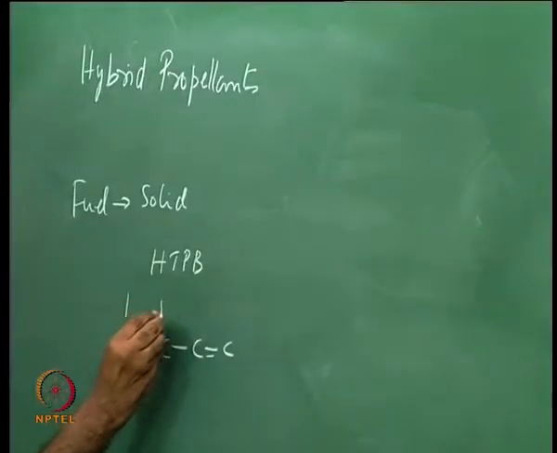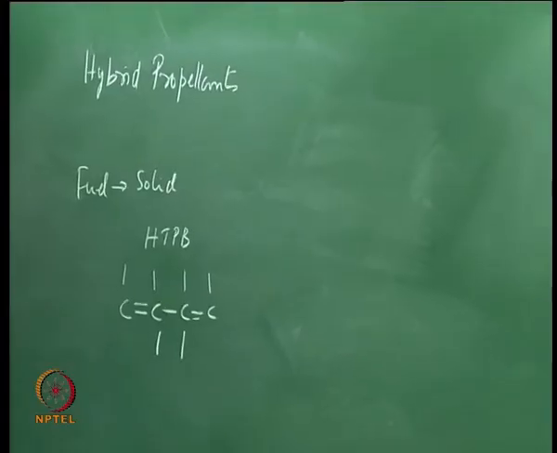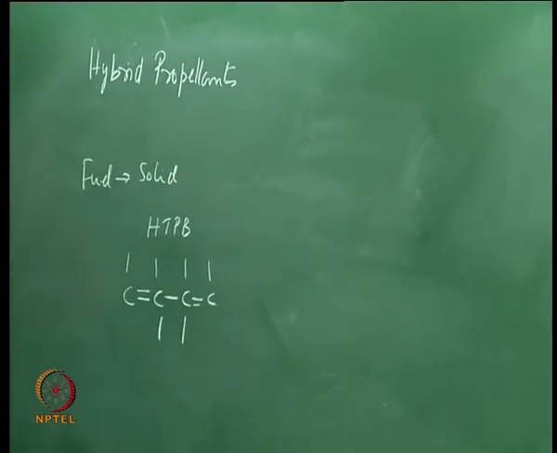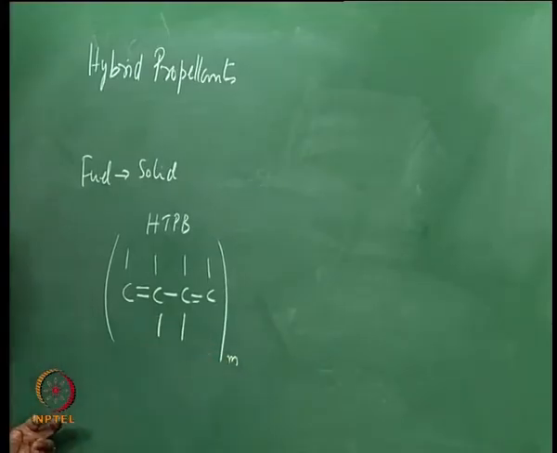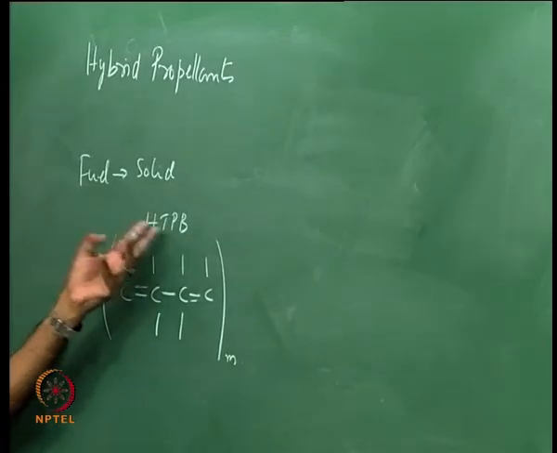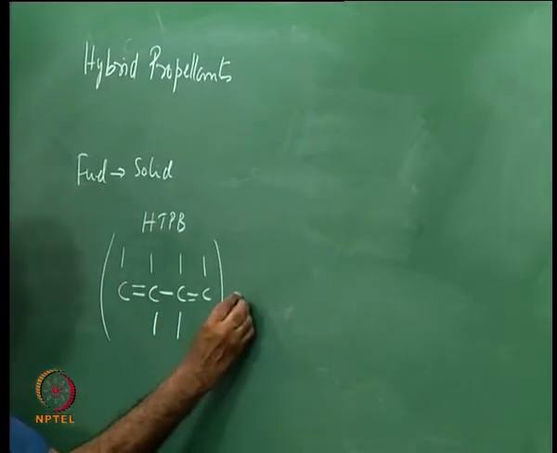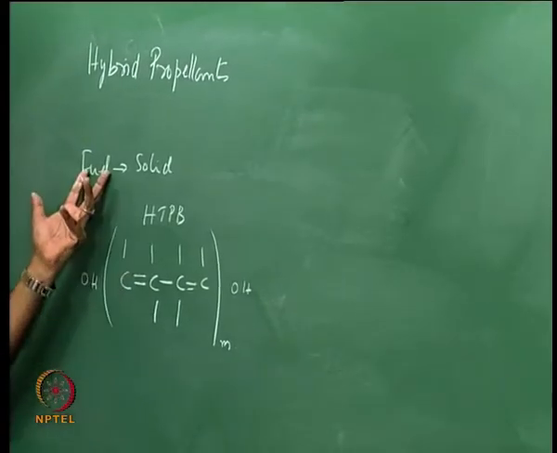What was it? And you had something like 6 over here, 2 and 2 over here. This was what was a polybutadiene, and it was a chain as it is, maybe M over here. Maybe you use hydroxy terminated polybutadiene, that means I have one OH here, I have one OH here. This could be a fuel for this.